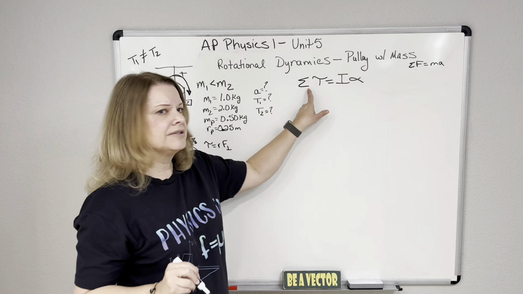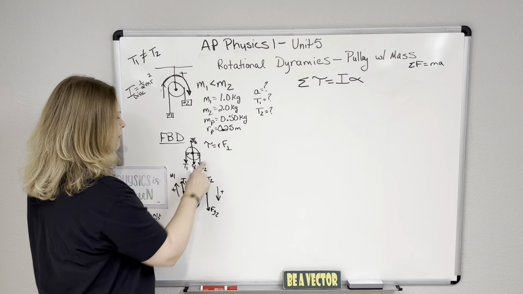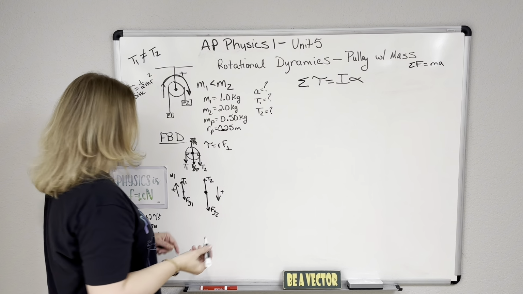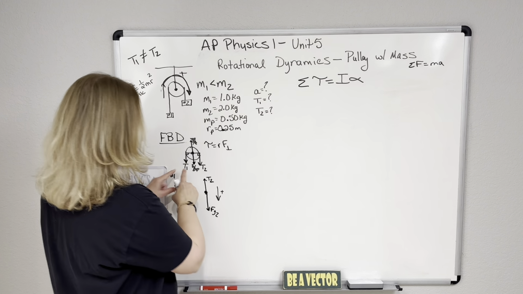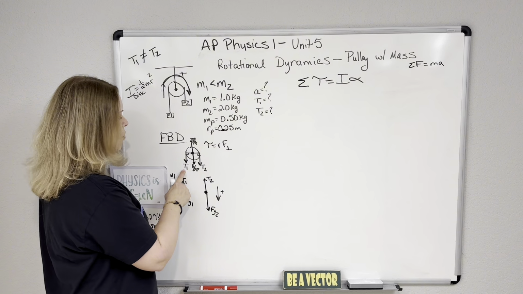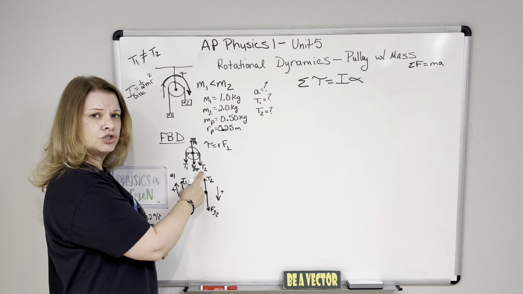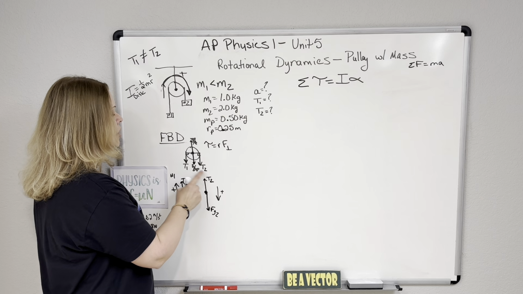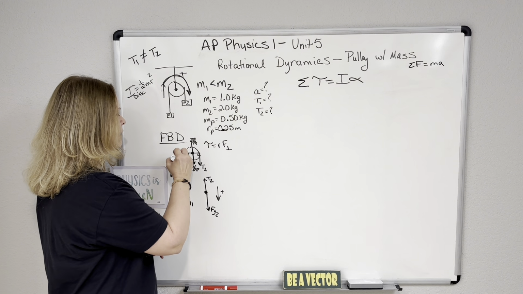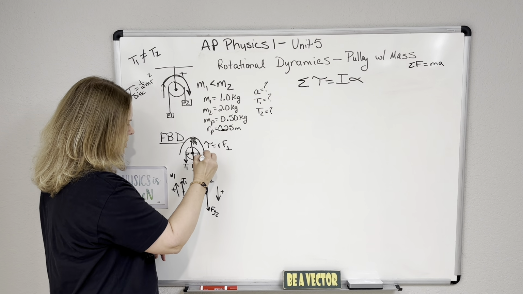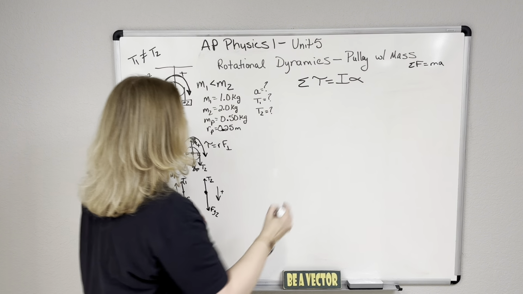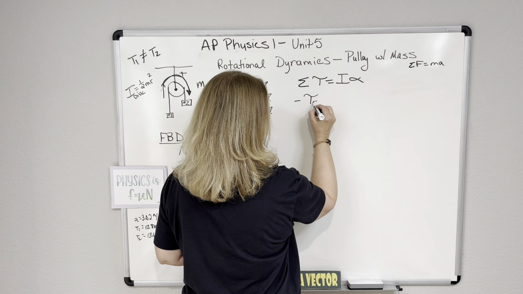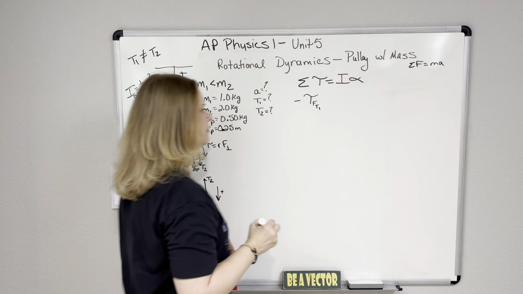Perfect. All right, I'm going to sum up my torques. I have 4 forces here. We've already said these two do not produce torque, it's 0. So I have a torque from this tension 1, and a torque from this tension 2, and remember my positive direction is this way. So I have a negative torque from that tension 1, and if you like to put it like this, you can do the force and tension.